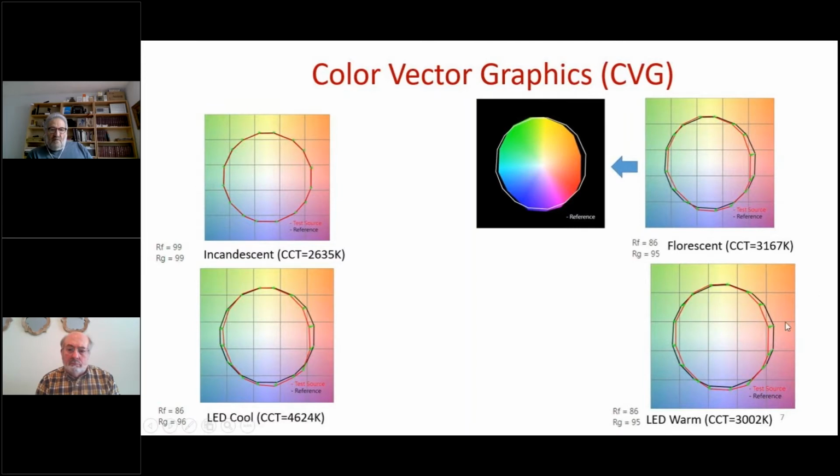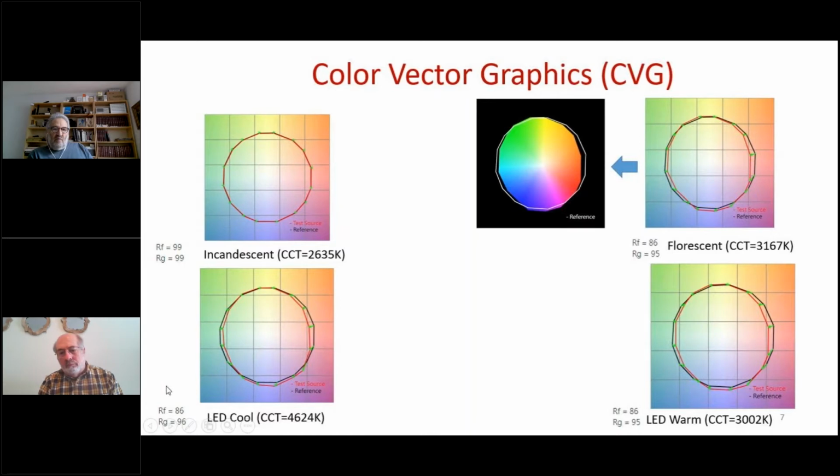Similarly, for the LEDs, again, we see some desaturation in the red, and the RF is an average of all the different indices there. RG also is kind of an average. There are some calculations that I talked about in the previous webinar, so I don't have time to go through them in this webinar right now.